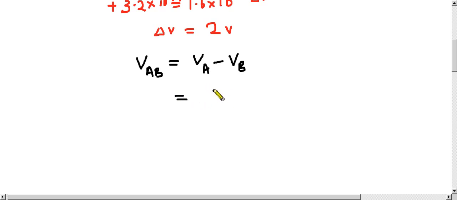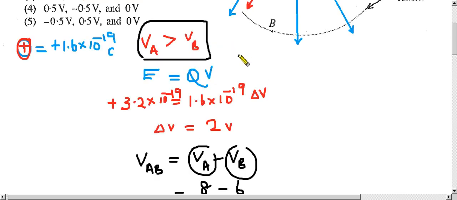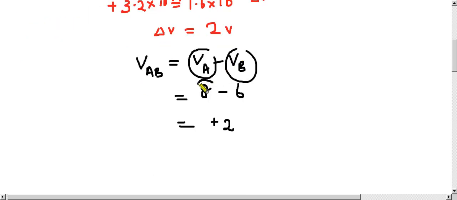So say VA equals 8 volt, VB equals 6 volt, then we get positive 2, because VA is greater than VB. Then this must be a higher value, this must be a lower value.